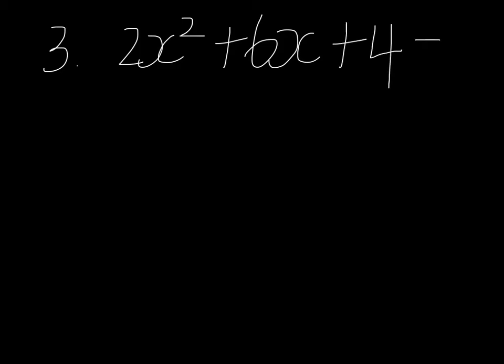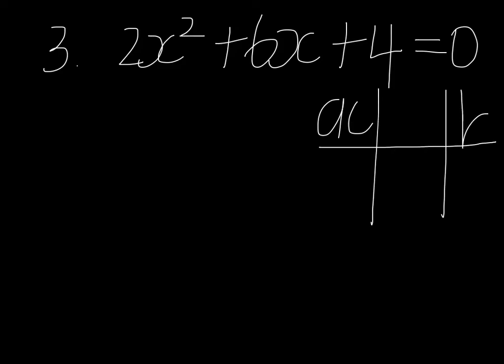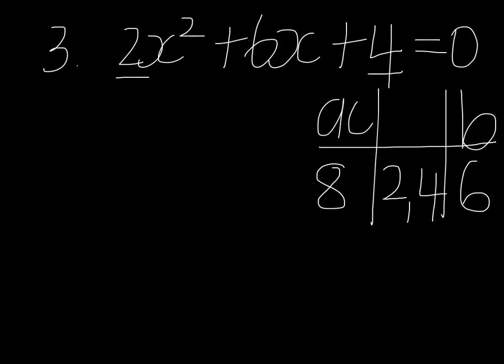So we've got 2x squared plus 6x plus 4 equals 0. Again, we're going to work out AC and B. A times C is 2 times 4, which is 8, and B is 6. My factor pair is going to be 2 and 4.